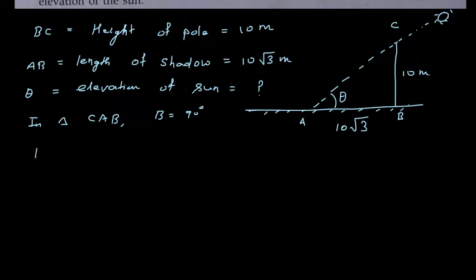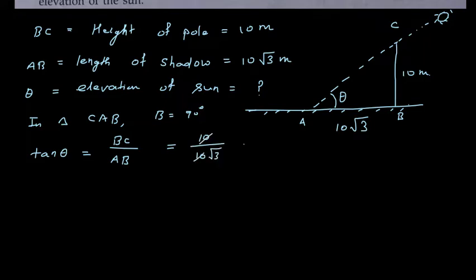and tan of theta, if you see tan of theta, it will be BC upon AB. So I will take a ratio which is of my interest. Means here opposite side and adjacent side of this angle theta is given, so I will take tan of theta. Okay, so this tan theta is given 10 divided by 10 root 3.